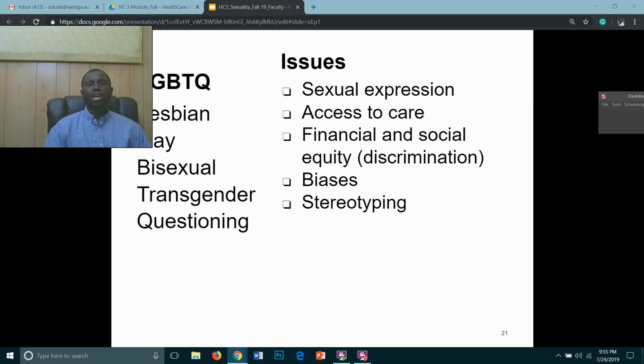The nurse should realize that the overall health status of people in these populations may be poor due to discrimination and healthcare inequalities, which means they are not able to have good access to healthcare because of the discrimination against this population, and the lack of healthcare provider understanding of this community.